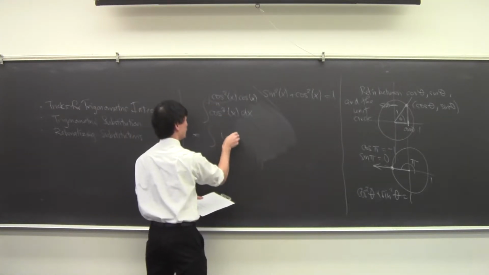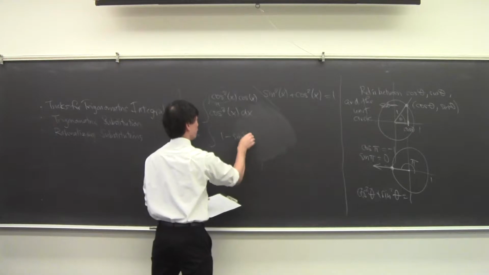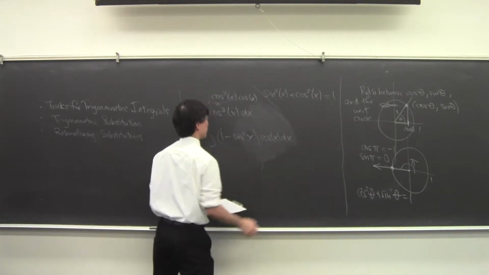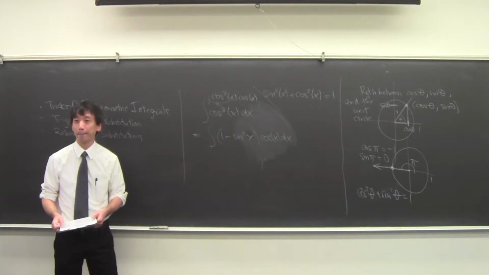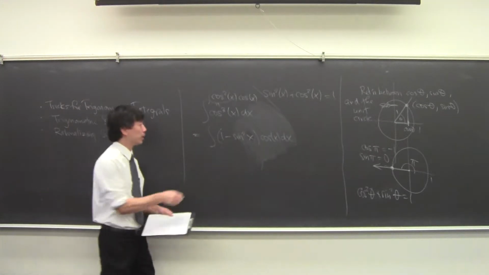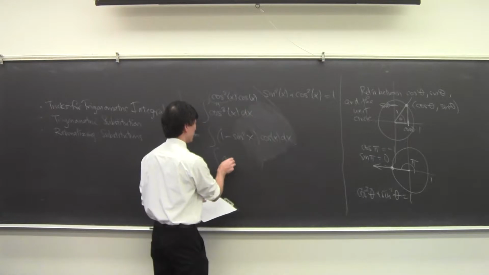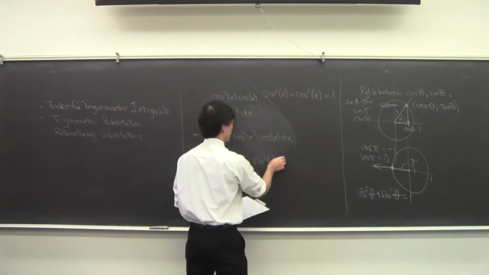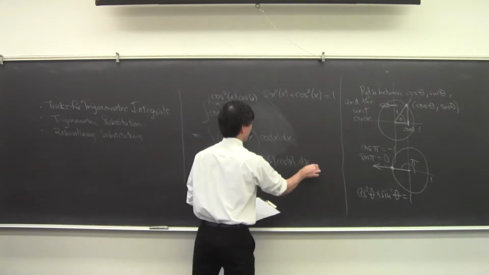So I get 1 minus sine squared, times cosine. And so you end up with the integral of cosine minus sine squared cosine dx.